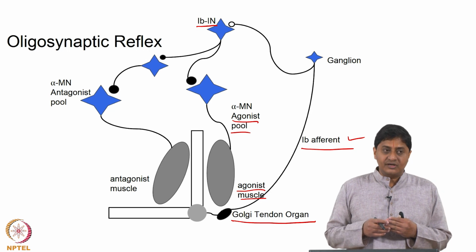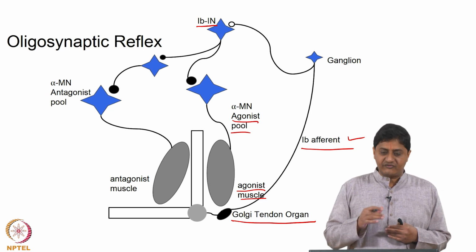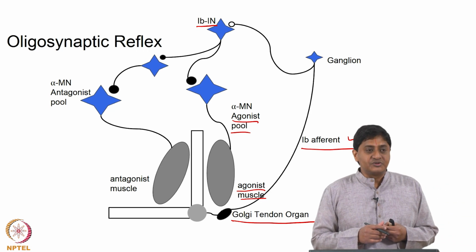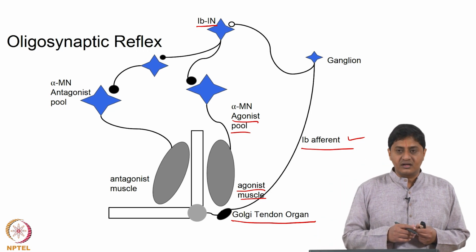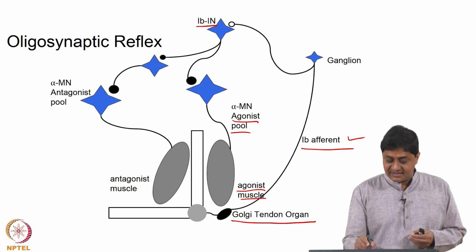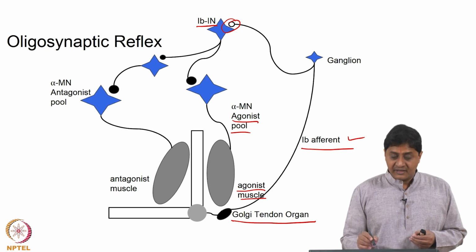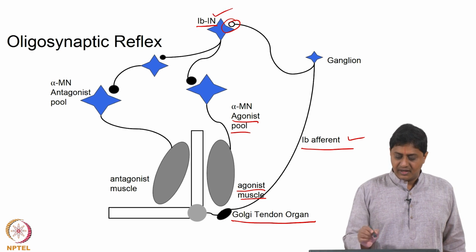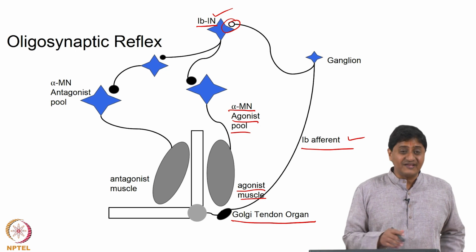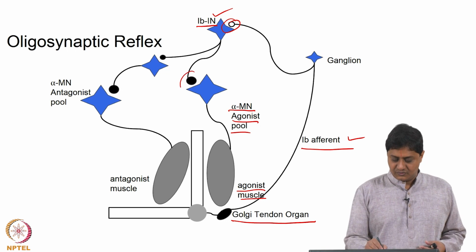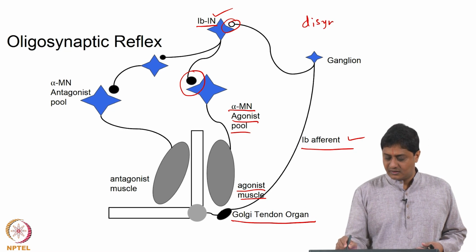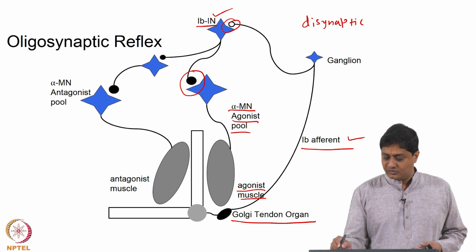So, if the muscle is contracting, we should reduce the amount of contraction, but let us remember that all the proprioceptor neurons are excitatory by default. So, this 1B afferent excites a different neuron, an interneuron, which inhibits the alpha motor neuronal pool of the same muscle. So, this is again a disynaptic case, or involvement of two synapses.